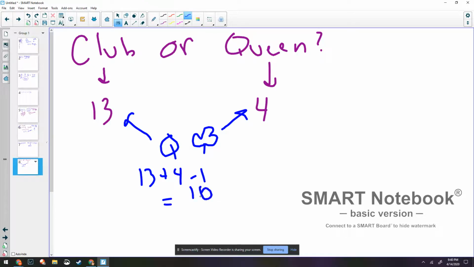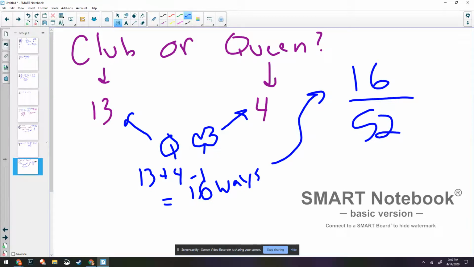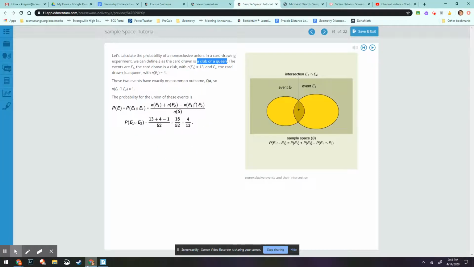So this means there are 16 ways that this could happen. So there's 16 ways you can get a club or a queen, and there's 52 total cards. So that's the probability. We always want to reduce it, which would give me 4 over 13. Oh hey, that's what they got, but hopefully my way makes a little more sense than all of that stuff there.